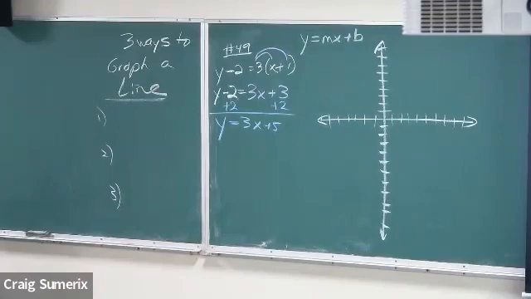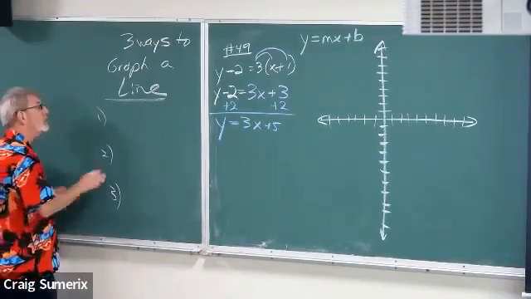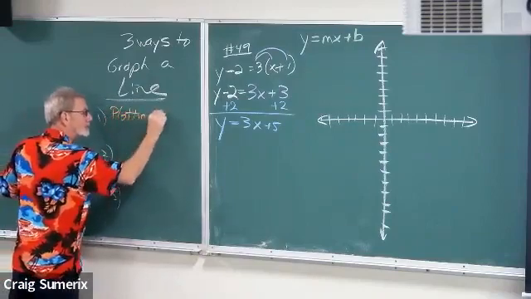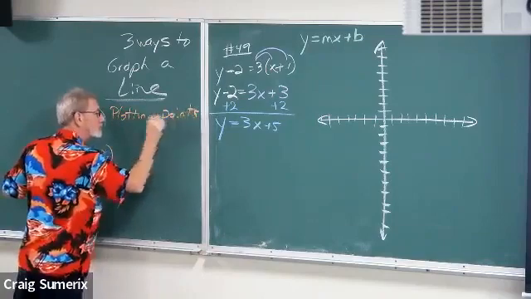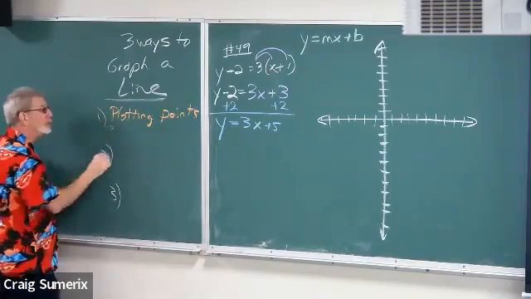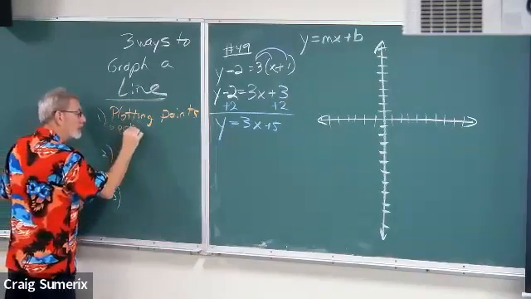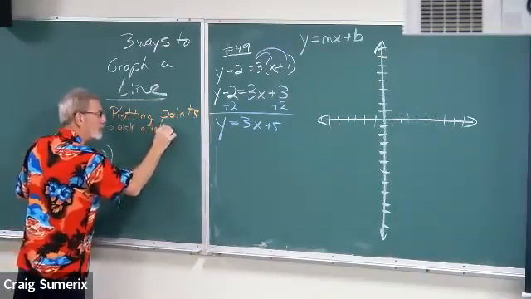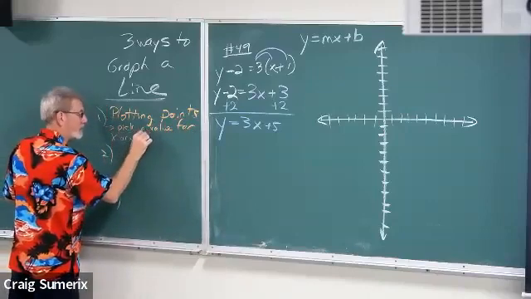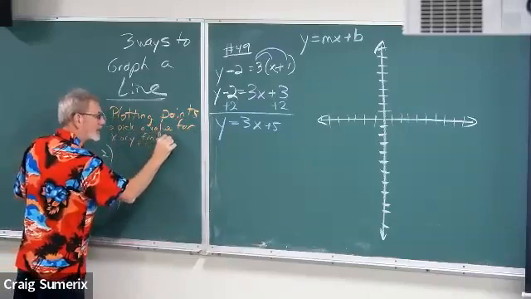The first one is, how can you graph this? The first one we call plotting points. In other words, what you're going to do is pick a value for X or Y and find the other one.